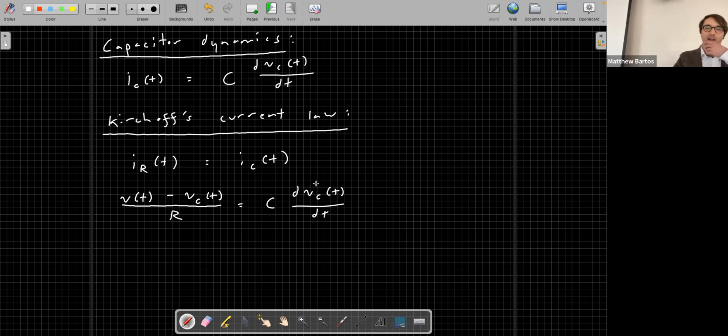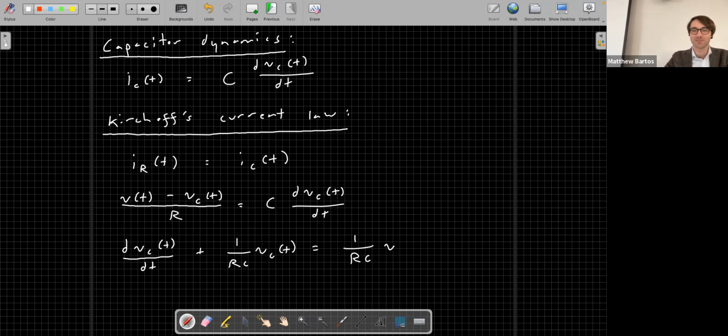Okay, so now we are in luck. We have an expression that relates the input and the output of the system. So let's rearrange this so that we have the input on one side and the output on the other. Let's put the output, the capacitor voltage, on the left-hand side, and we get dV_C/dt plus 1 over RC V_C(t) is equal to 1 over RC V(t).